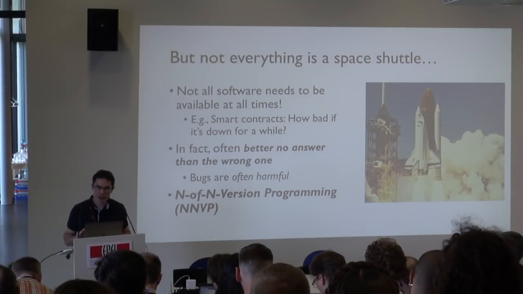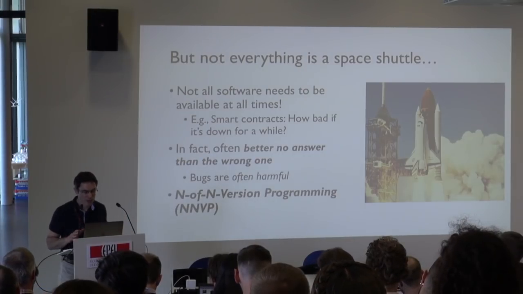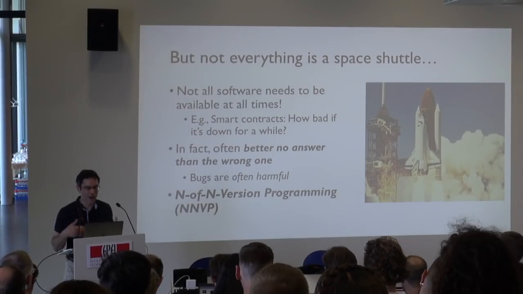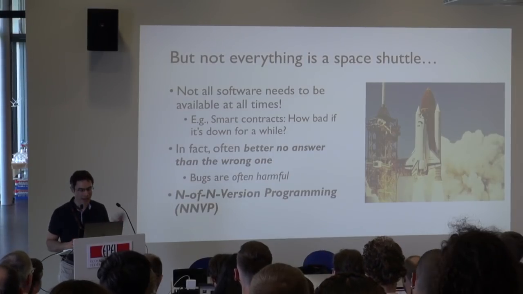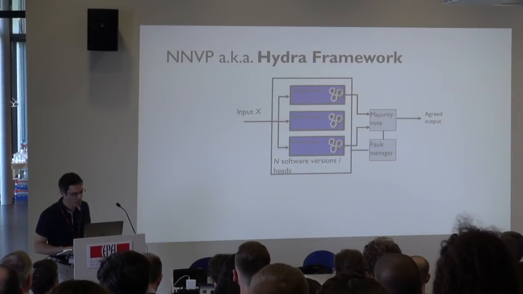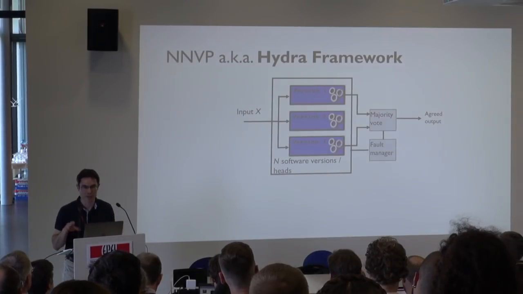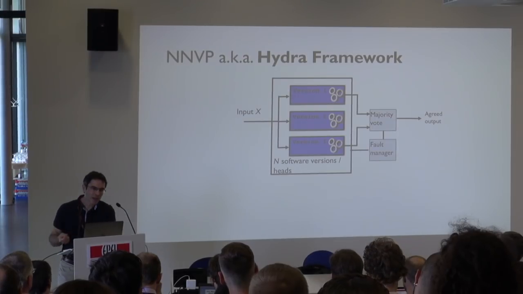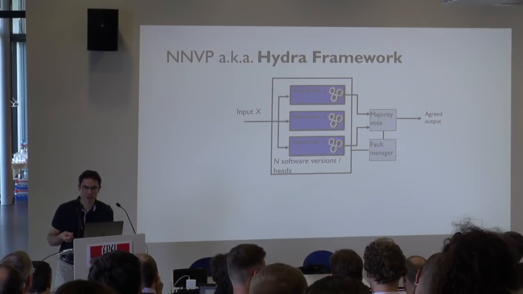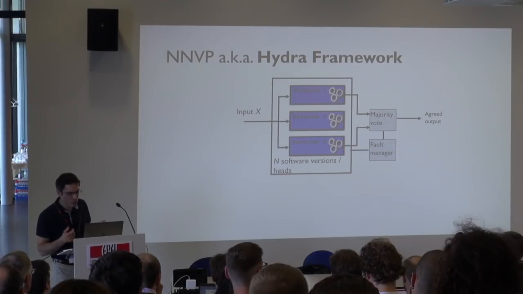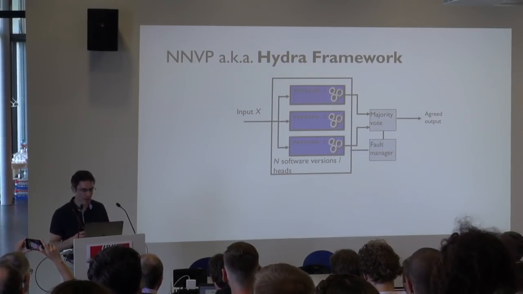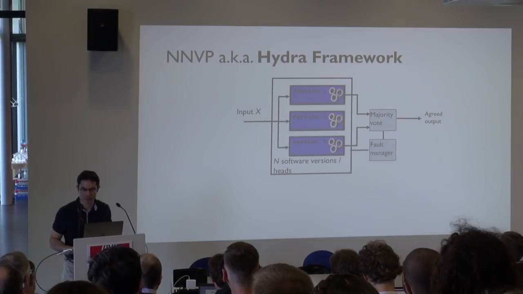This observation spurred us to explore a variant on N-version programming that we call N of N version programming, or NNVP. We also refer to it as the Hydra framework for reasons I'll explain in a couple of minutes. The idea behind NNVP is very simple. In N-version programming, as you'll recall, you take a majority vote over the outputs of the heads making up your meta program.